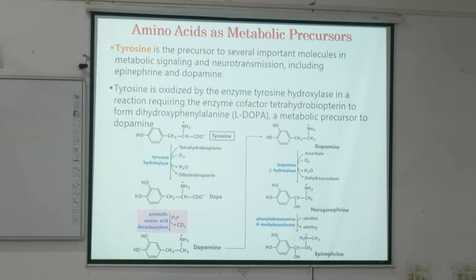What are these molecules? Dopamine, norepinephrine. They play a neurotransmitter role in your sympathetic pathway. Remember sympathetic and parasympathetic? What are your neurotransmitters for the sympathetic pathway?